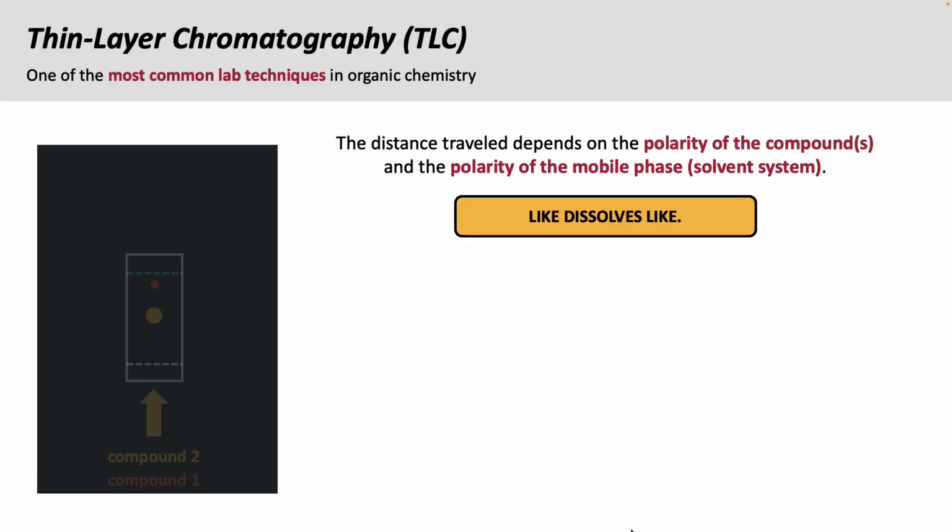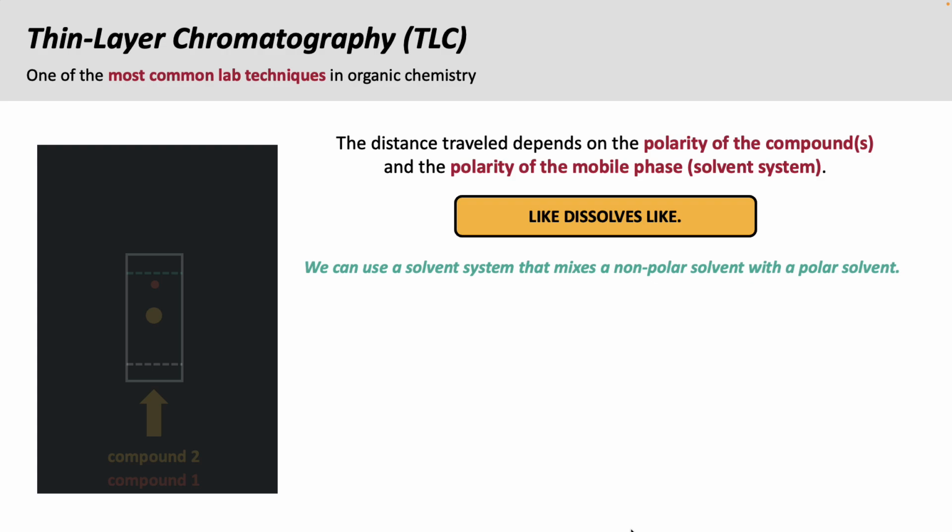The more polar the mobile phase, the more attracted polar compounds will be to that mobile phase. So to help optimize the rates at which our compounds travel up the plate, or the distance at which they travel up the plate, we can toy with our solvent system by combining nonpolar and relatively polar solvents.